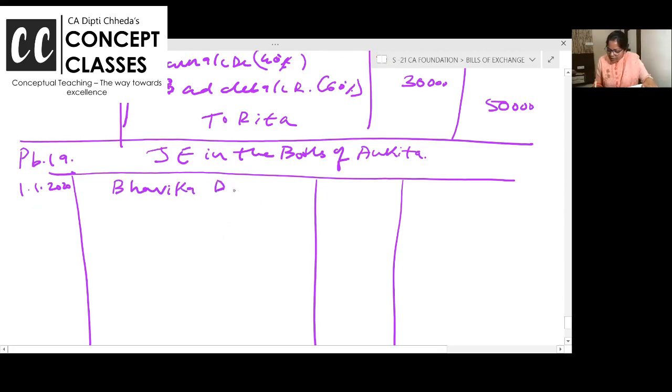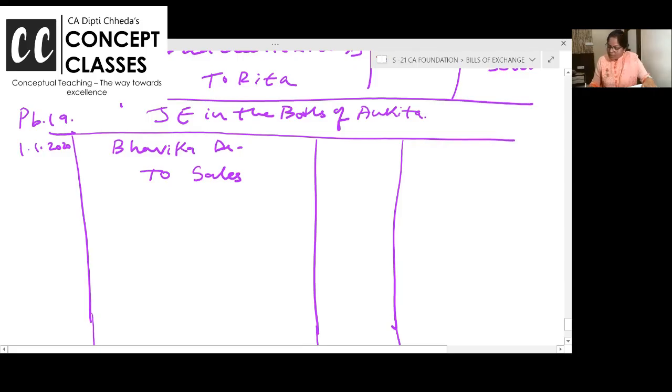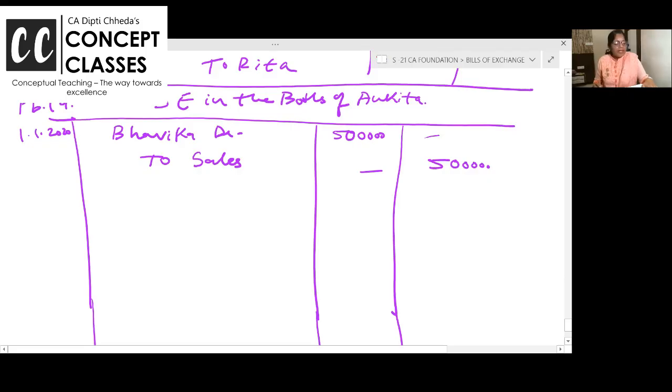Bhavika account debit to sales, 5 lakh, and draw a bill of 3 months. Bhavika accepted it and returned it to Ankita.